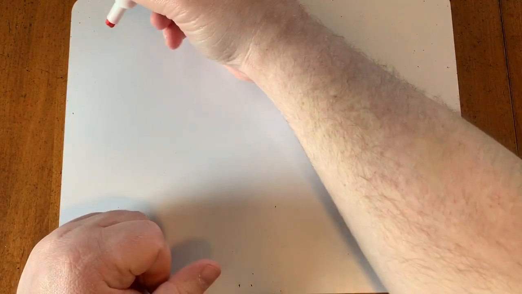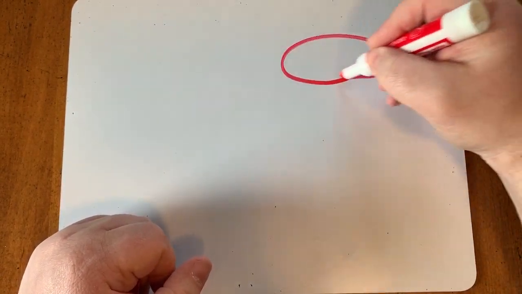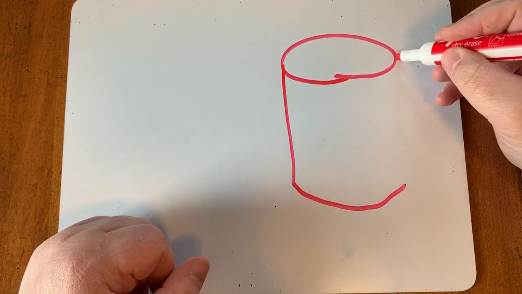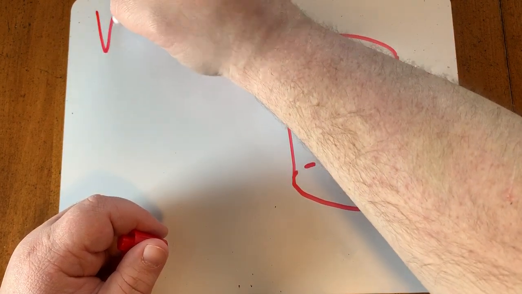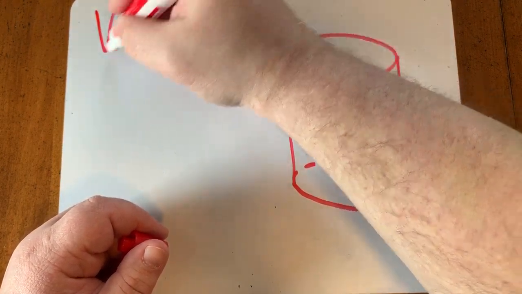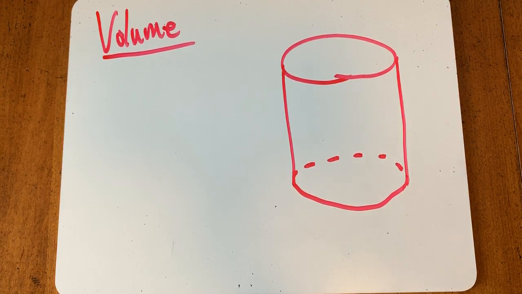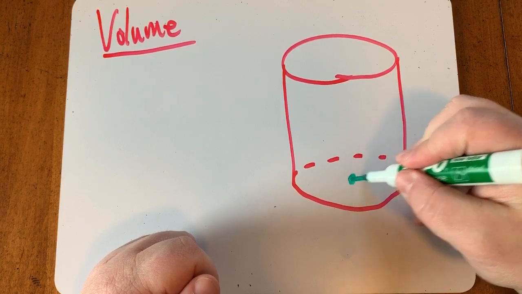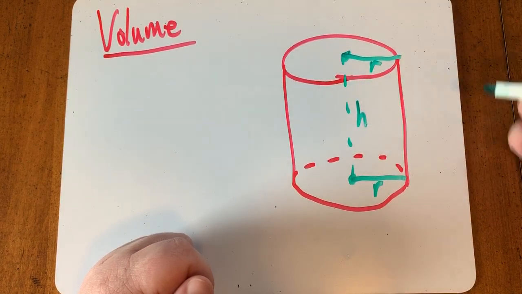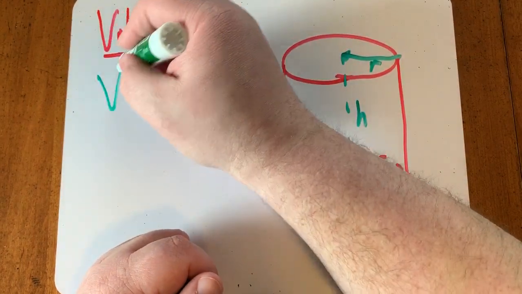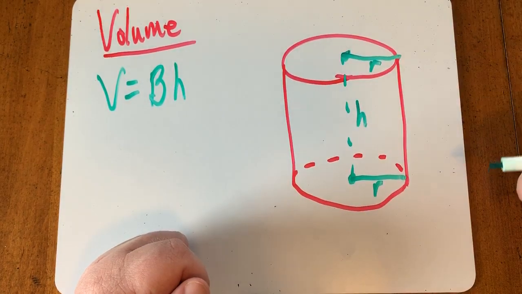Lastly, with the cylinder is the volume. So if we want the volume, it's still in that same family of the prism, where it's the area of the base times the height.